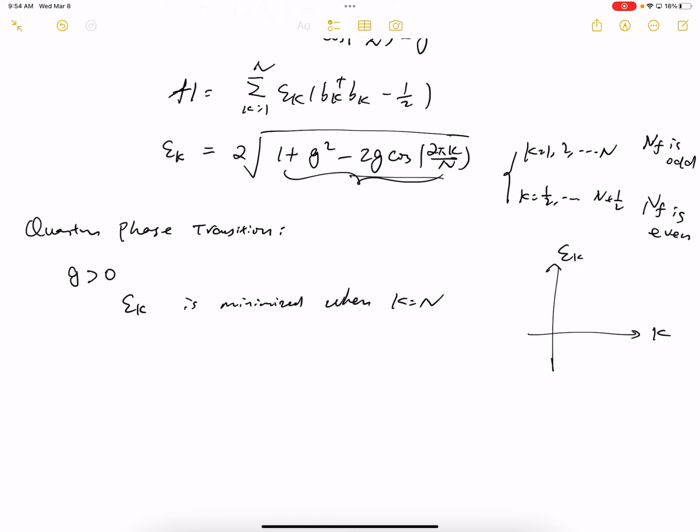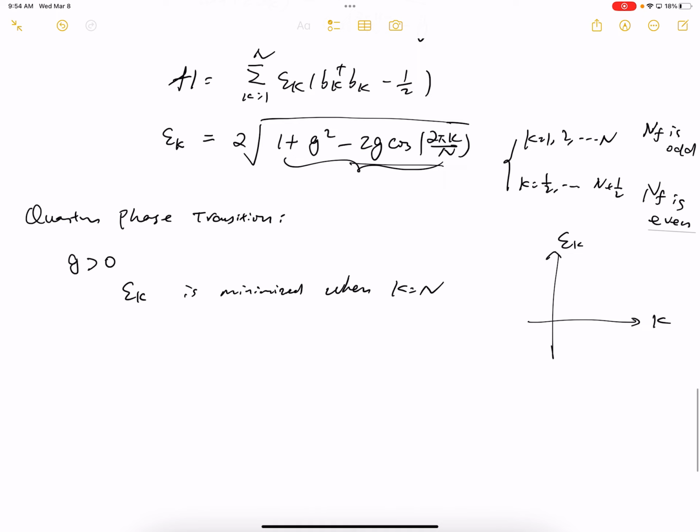You're going to find where it's actually minimized. This also looks something like a parabola, but let's first find the minimum. It is minimized when k is equal to n, because when k is equal to n, this cosine is going to be 1.